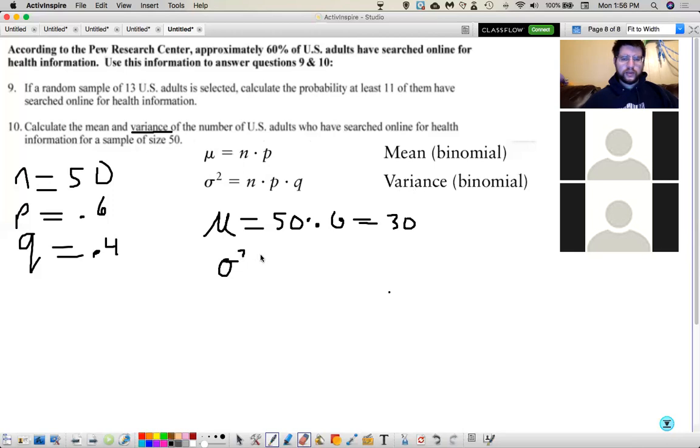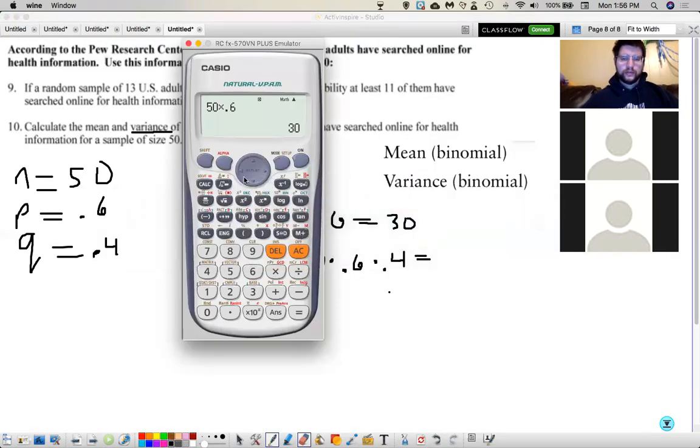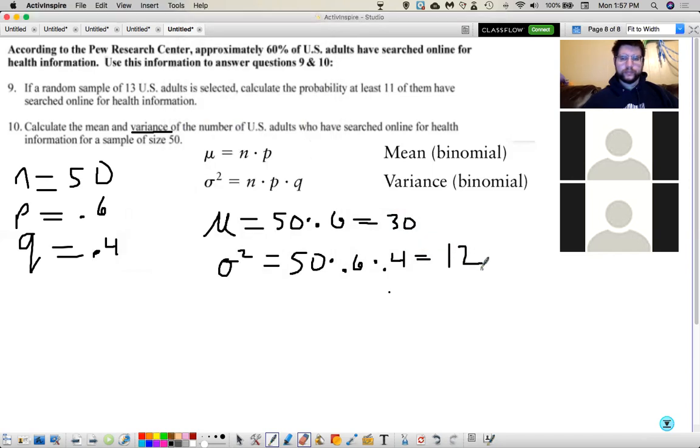So sigma squared, 50 times 0.6 times 0.4, yeah, 12. That's it for that problem. Couldn't get much easier than that.